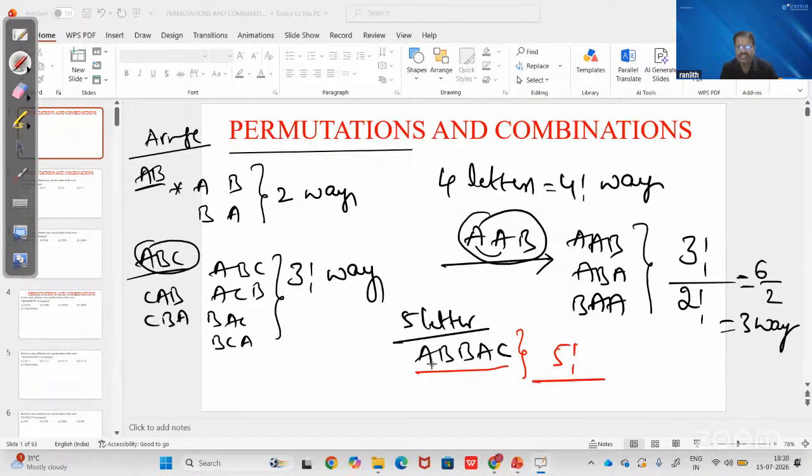Out of the 5 letters, we are having 2 A's and 2 B's, so we need to write 2 factorial and 2 factorial in the denominator. 5 factorial is 120, 2 twos are 4, 4 into 3 is... so we can arrange in 30 ways.